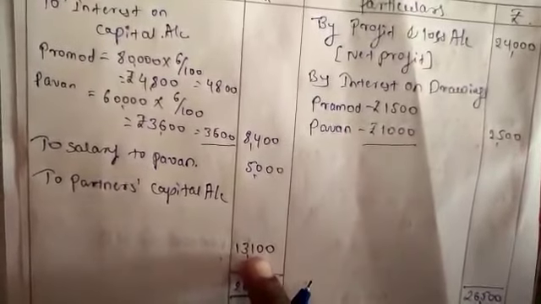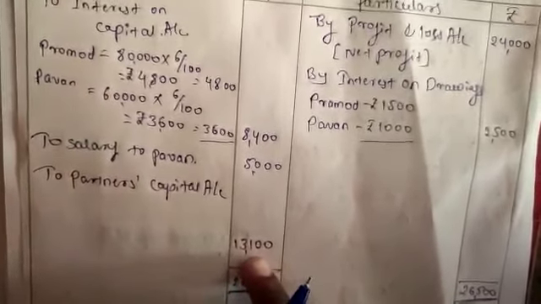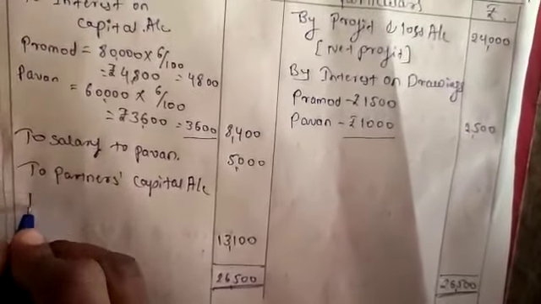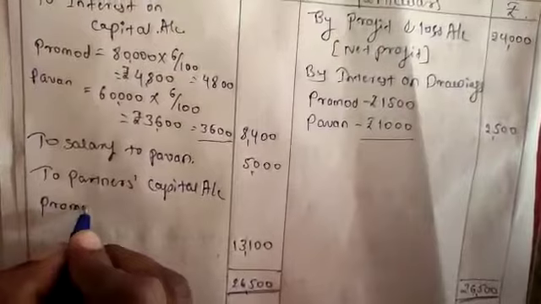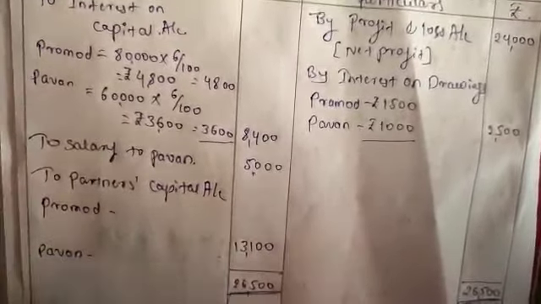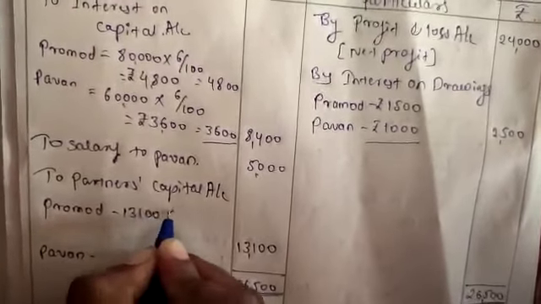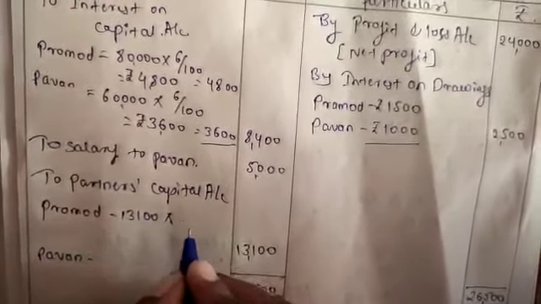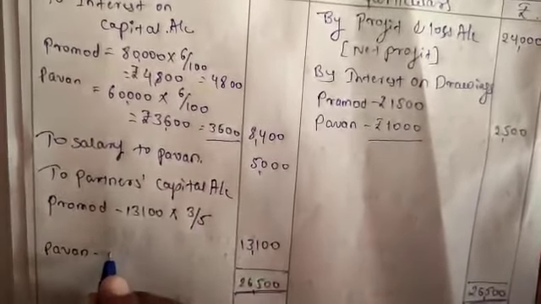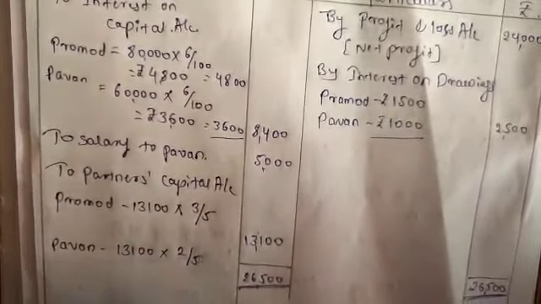And this profit is the firm's profit. Total firm profit. How much is shared between the partners, Pramod and Pawan? How should it be shared here? 13,100. What is the ratio? 3:2 is there. So 13,100 into 3 divided by 5, and 13,100 into 2 divided by 5.